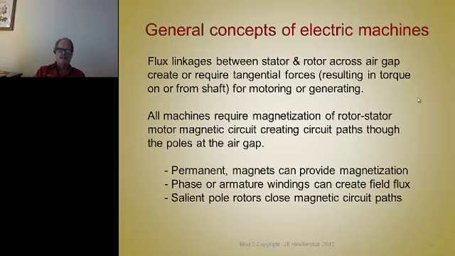All the other non-salient pole machines have two magnets, one in the stator and one in the rotor. Now, what are the possible sources of magnetic fields? Well, permanent magnets can provide magnetic fields, or the phase windings, the electromagnets, can create magnetic fields.